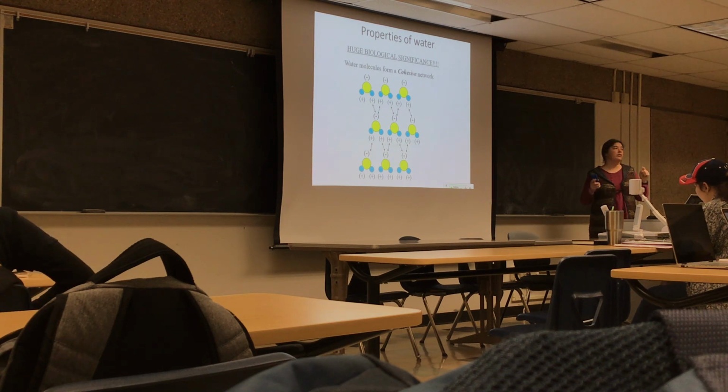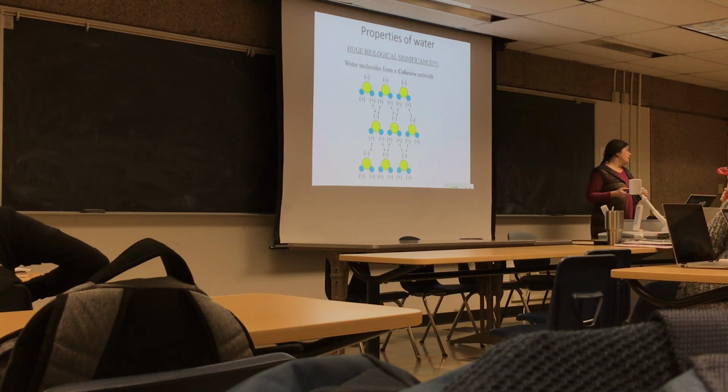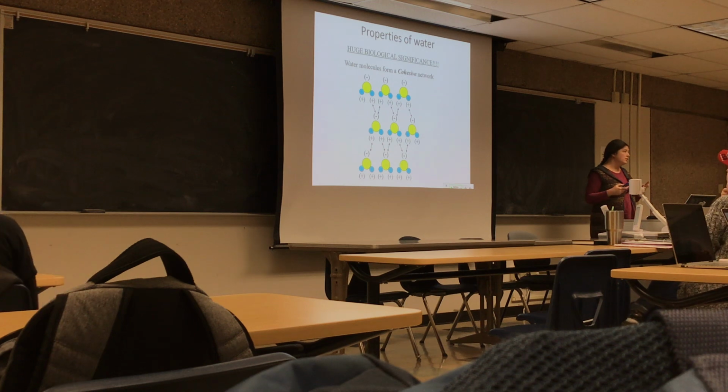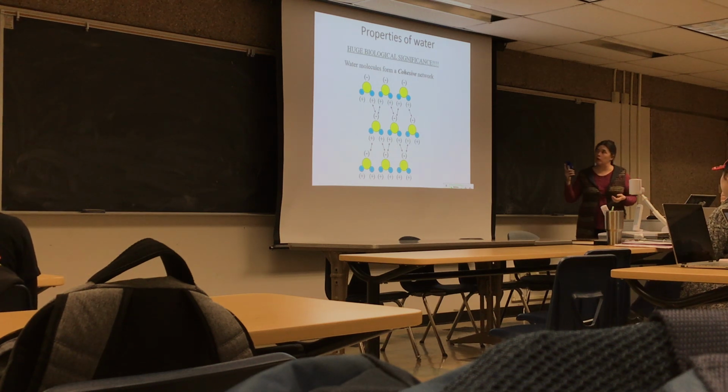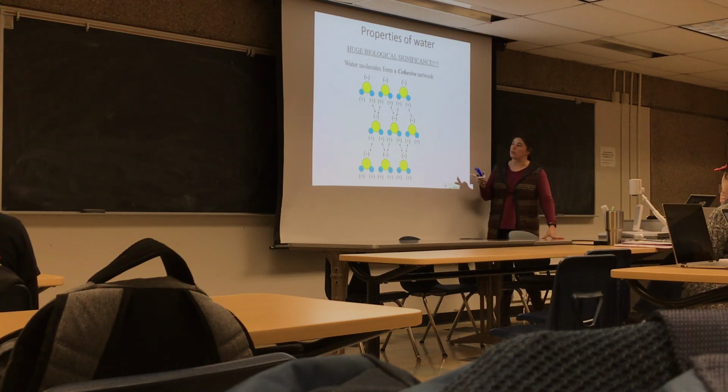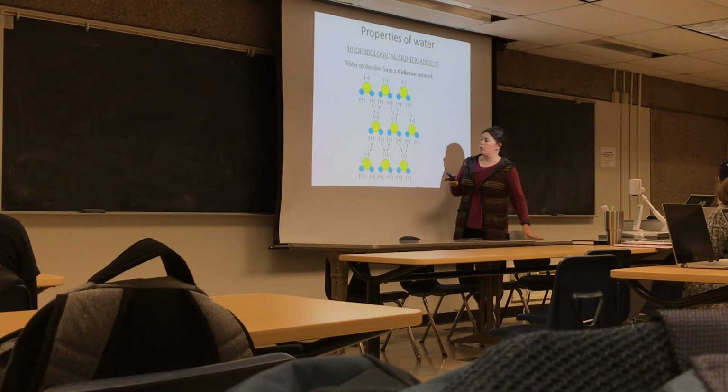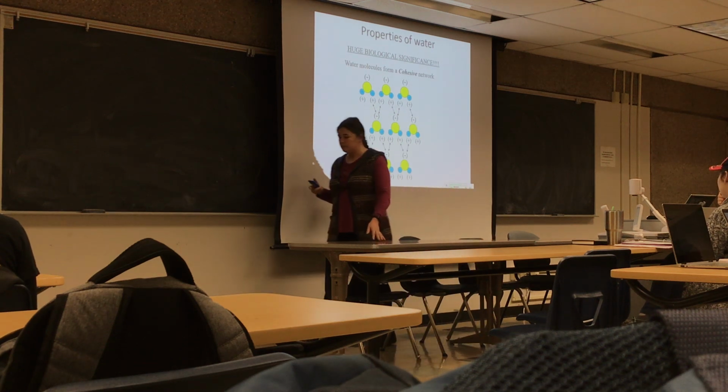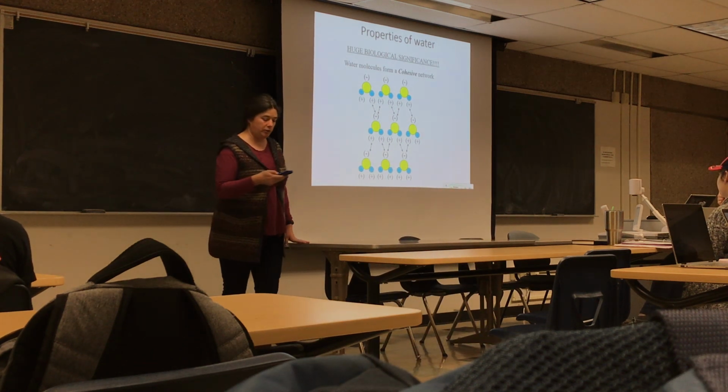All of those molecules are non-polar. And because they're not attracted to each other, they tend to be gases. Whereas water, because it's attracted to each other, is a liquid at room temperature. And the fact that water is a liquid at room temperature is what makes life possible. So it's actually really, really important that these molecules cling to each other.